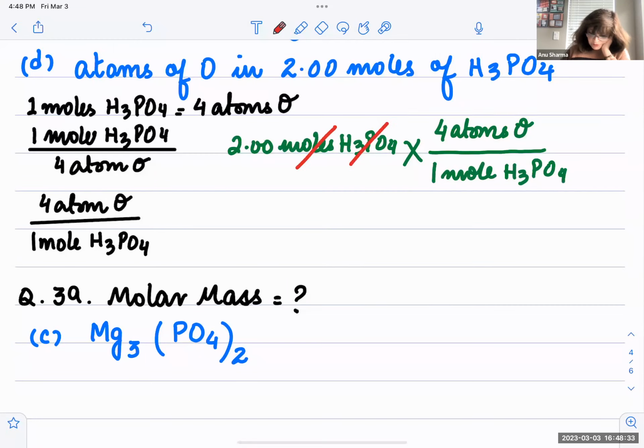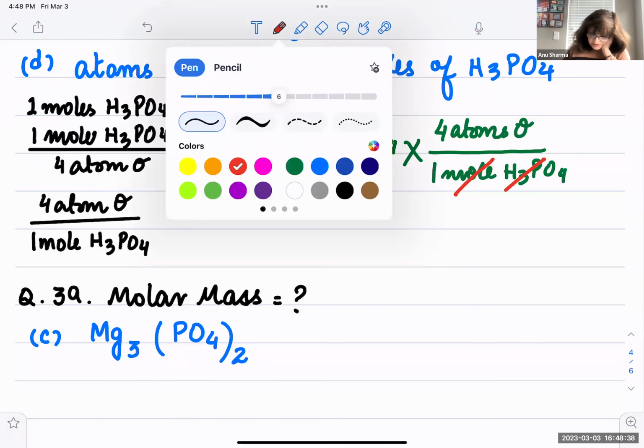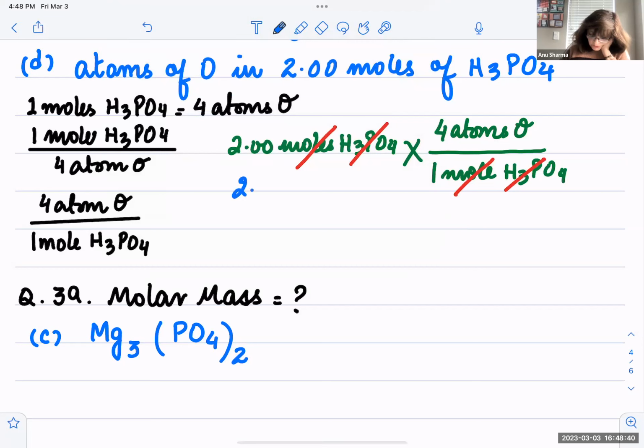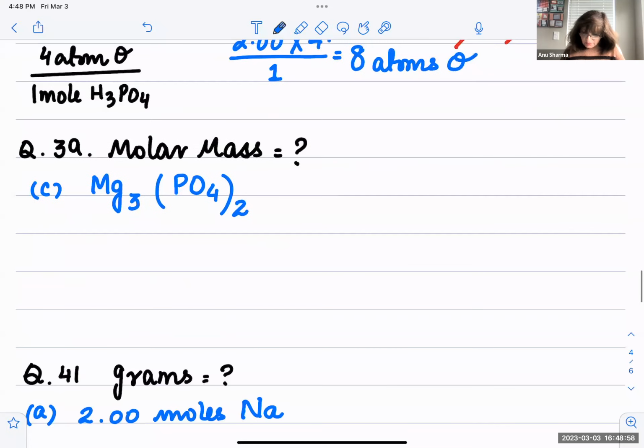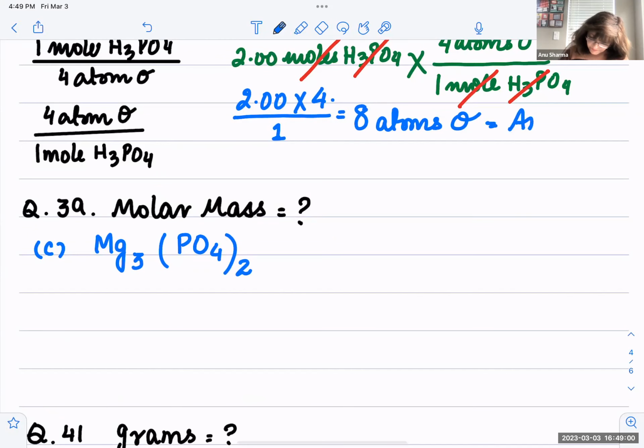And what do you get? You get 2.00 times 4 atoms divided by 1 mole. Divide by 1, it's not even mole. So this becomes 8 atoms of oxygen. Next is the question on molar mass, and this is the answer. So you should always show it like that.